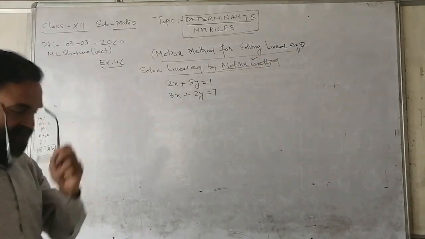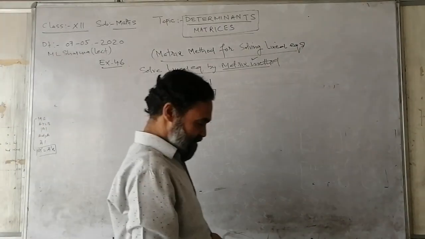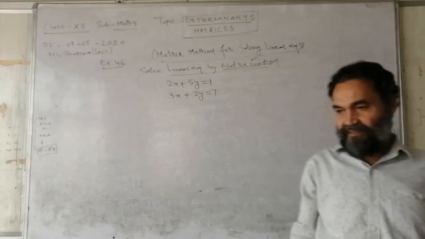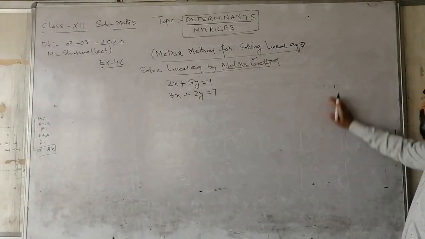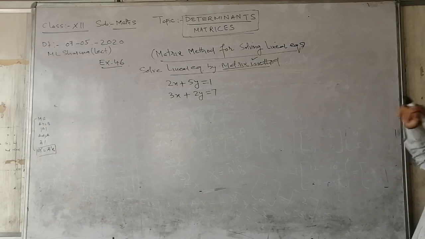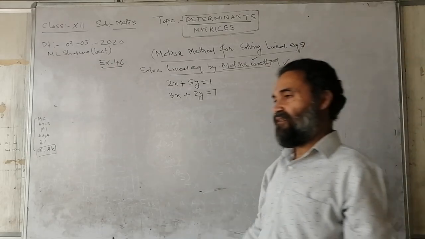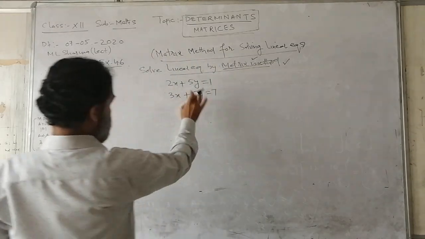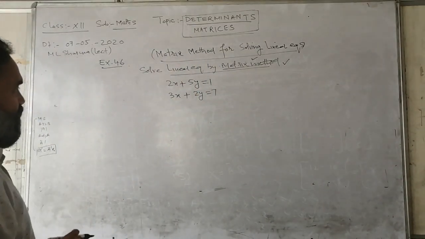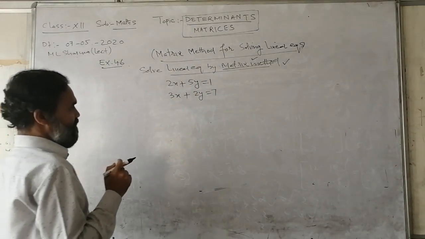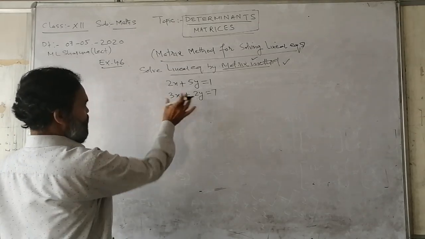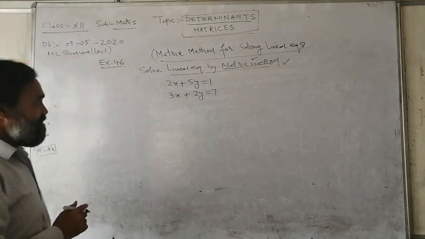Now these two equations can be solved by other methods which I told you yesterday, but in this class we use the matrix method. In this method, the first step is to write these two equations in matrix form.